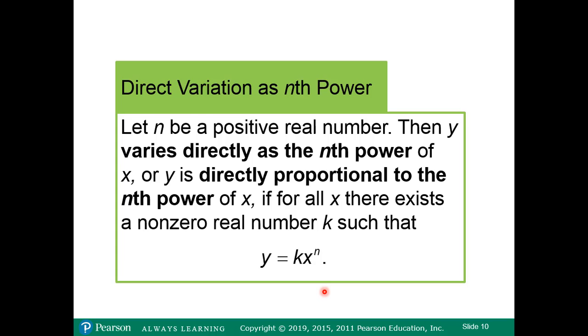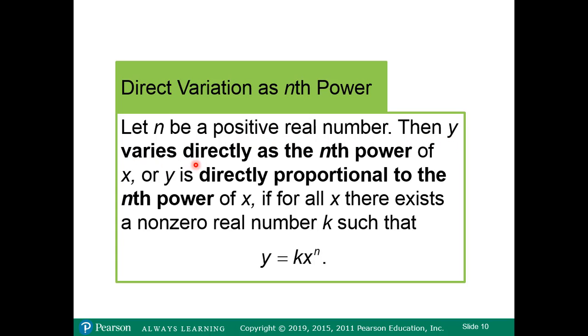Now, what about the nth power? Direct variation as the nth power. The only difference is that instead of y equals k times x, with n equal to 1, now we're saying n is bigger than 1. The definition of direct variation as nth power: let n be a positive real number.